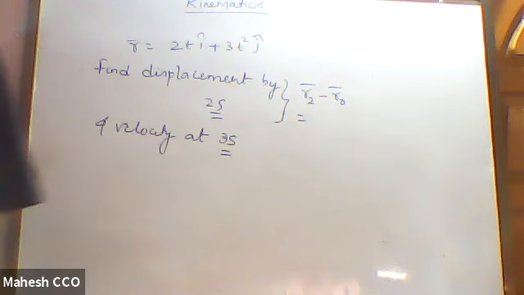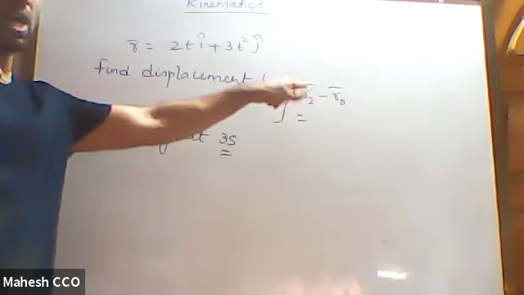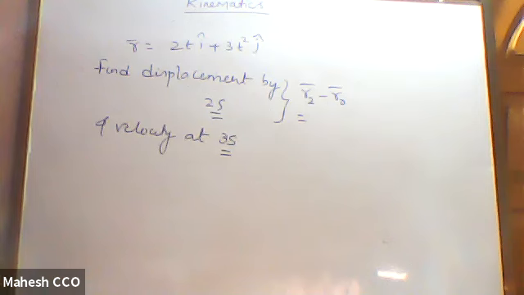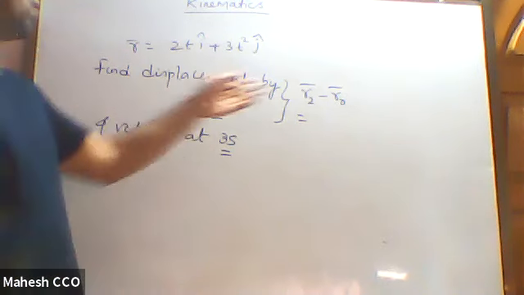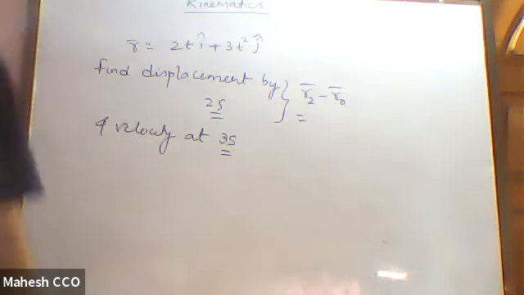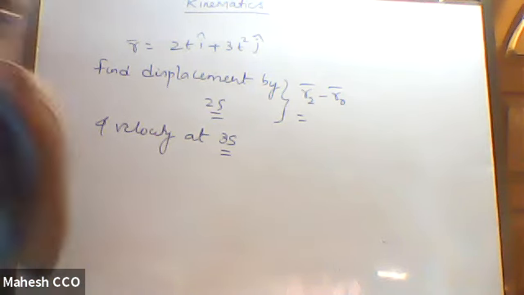Substitute t equal to 2 in R bar, then you will get R2 bar, the position vector at 2 seconds. And substitute t equal to 0 there, you will get the position at t equal to 0, which happens to be 0 only. Then you subtract, you will get the displacement.